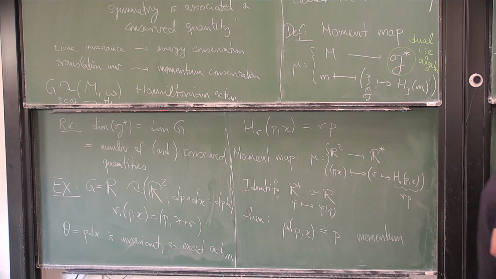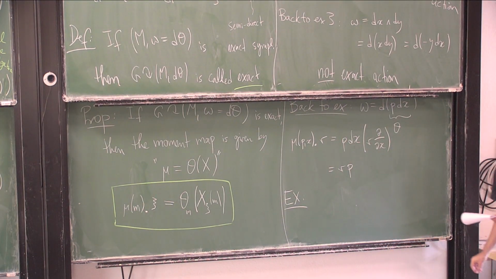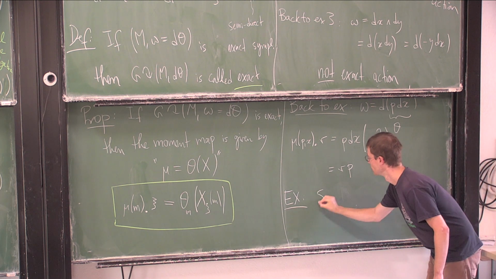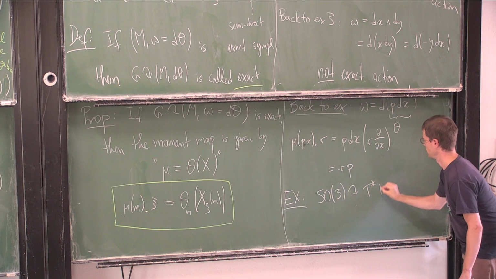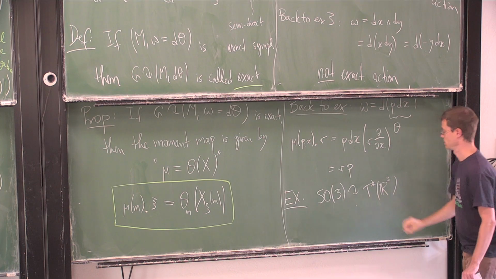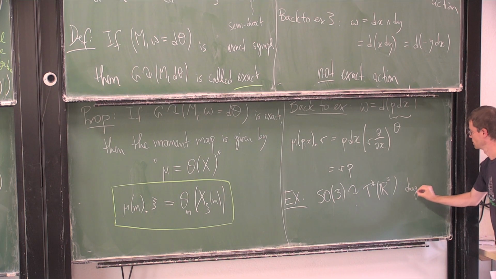Okay, so as I said, let's take another example where you get angular momentum. Let's take SO(3) acting on T*R^3, diagonally.